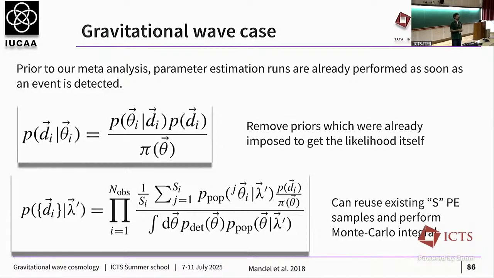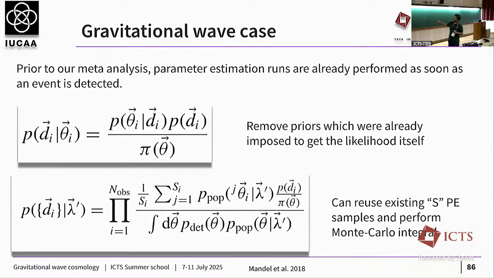So that is what is done here. So you look at this p(d_i | θ) that was there. Now it is expressed like this. There are S_i samples for the ith event. And that's the reason why this sum now goes over j equal to 1 to S_i.